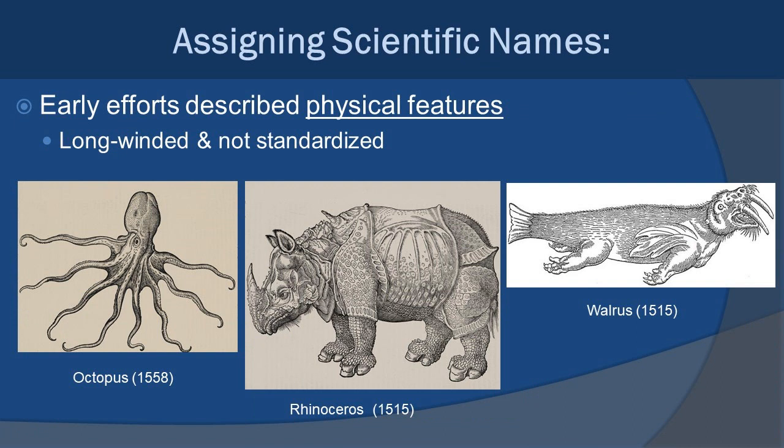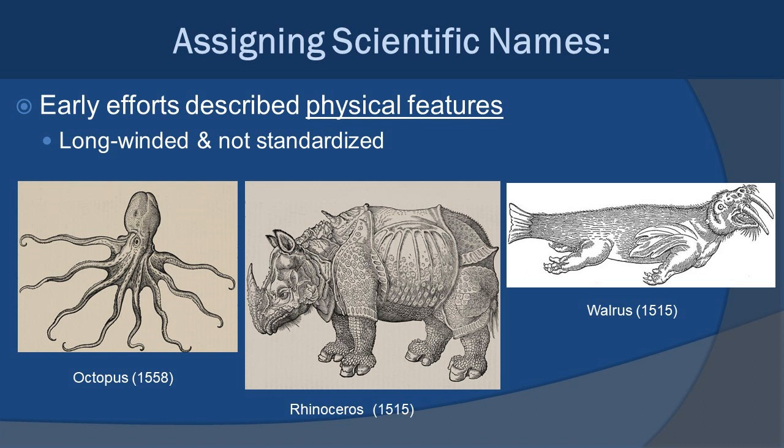Early on, when scientists would try and describe living things, it wasn't always that accurate. Remember, scientists weren't always as well traveled as they are today, and were often working on people's written or oral descriptions of a particular organism, or a dead organism that doesn't always look like the living one.